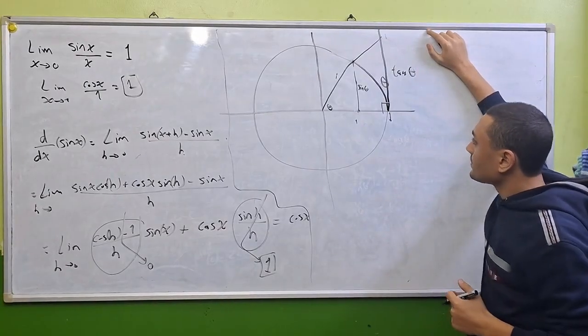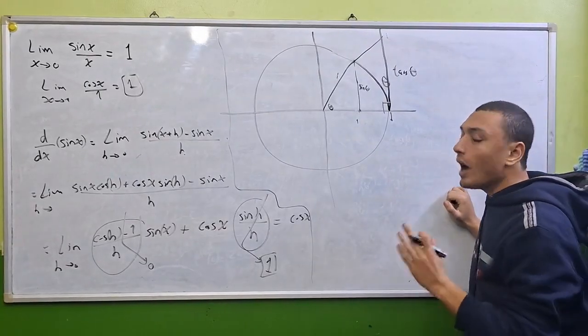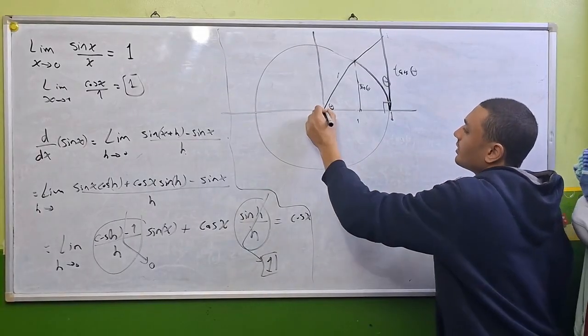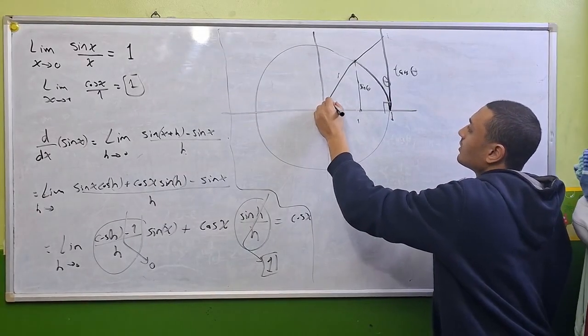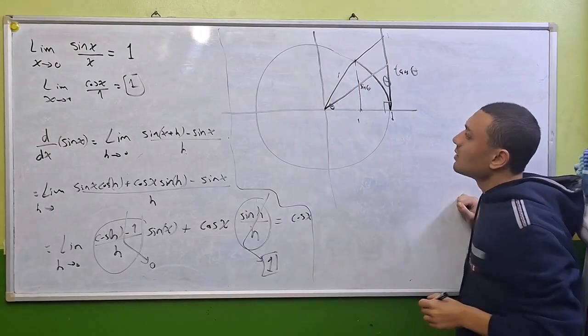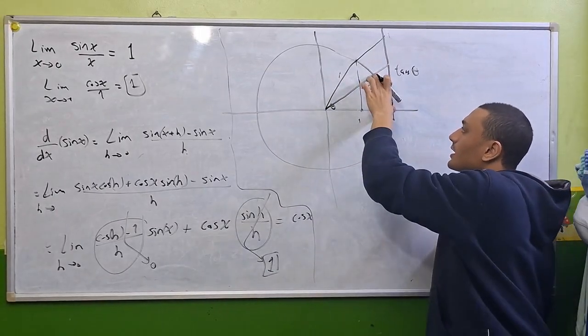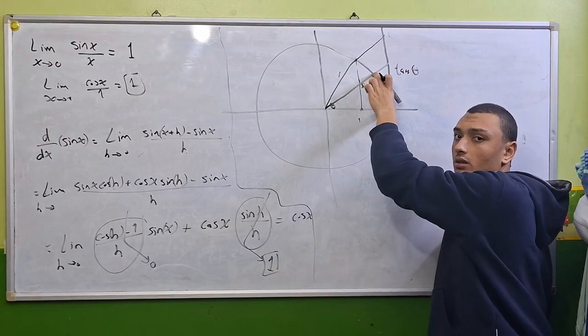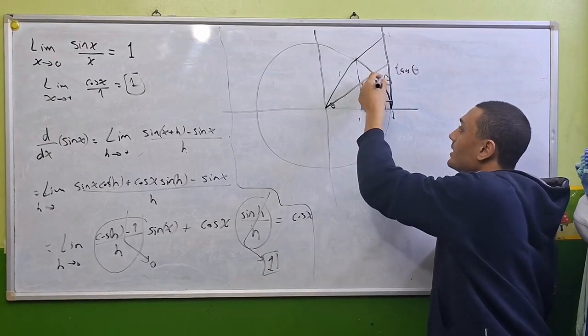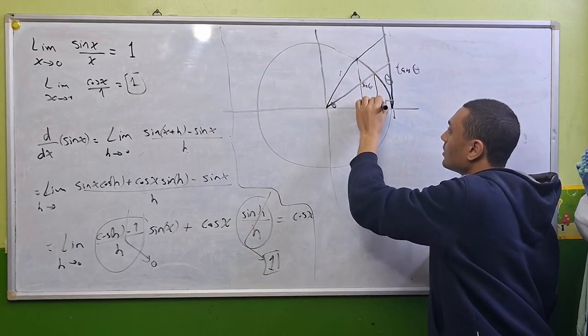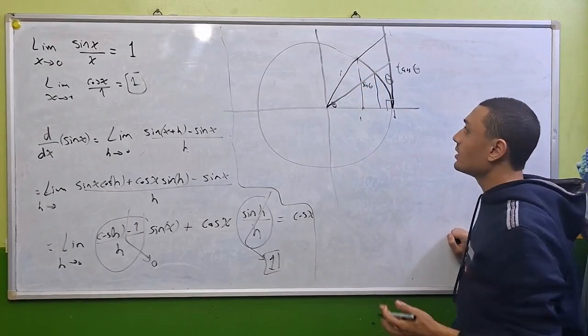So, look at this. What happens as we decrease theta? If we decrease theta like this, we see that this arc length decreased. Also, this height, which is the new sine theta, decreased.